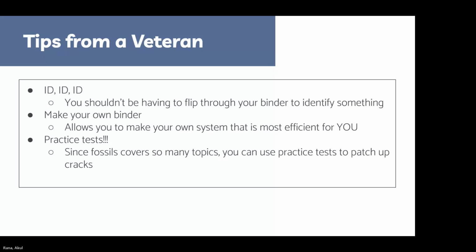So to move on to some tips from a veteran, I can talk about this. The number one thing is just to practice ID. You should not have to flip through your binder; you should know what a fossil is instantaneously. This saves you a massive amount of time and gives you more time to work on the actual questions.